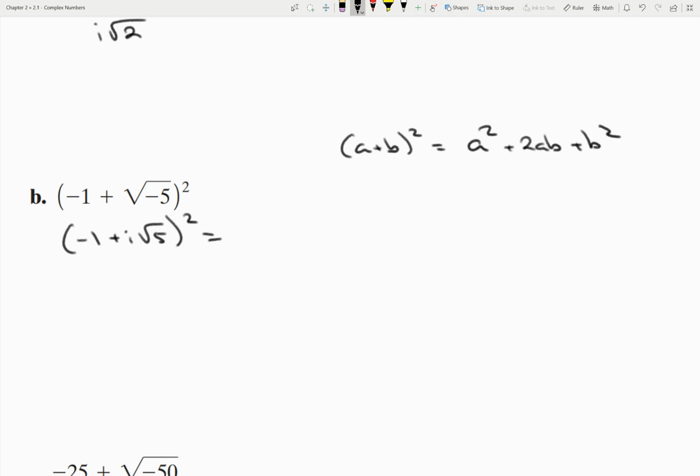So then we get a squared, so that's 1, plus 2 times negative 1 times i√5. So that's minus 2i√5. The last one is tricky. It's b squared. So that's i squared times √5 squared. Radical 5 squared is 5. i squared is negative 1. So that's a minus 5. So my answer becomes negative 4 minus 2i√5.